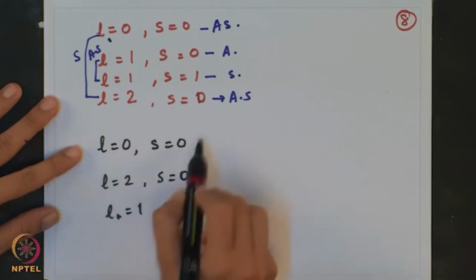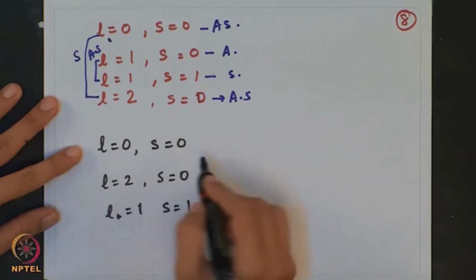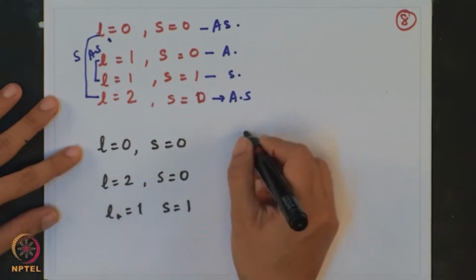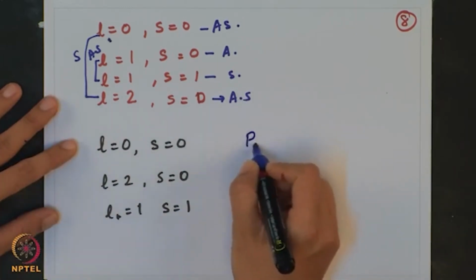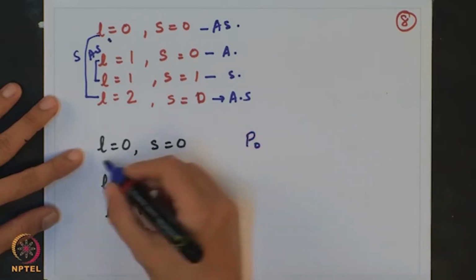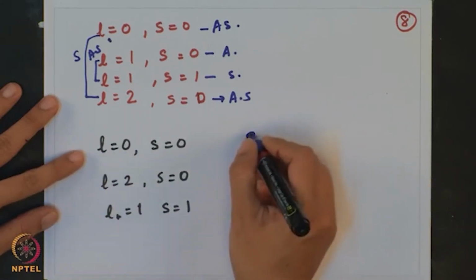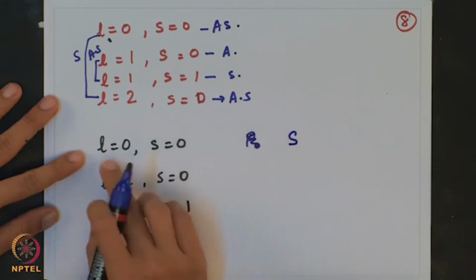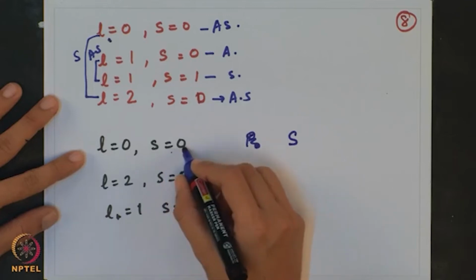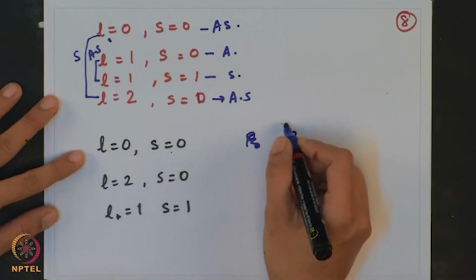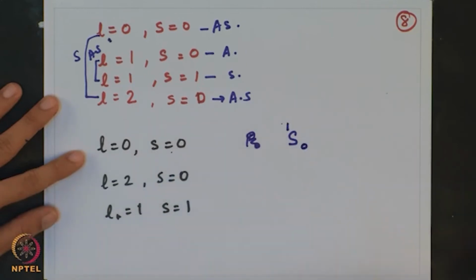So, in the spectral notation the corresponding states can be written as follows. L is 0, so I will have S here because L is equal to 0. So, S state, S is equal to 0, so I have here 1, and J for this combination is 0.